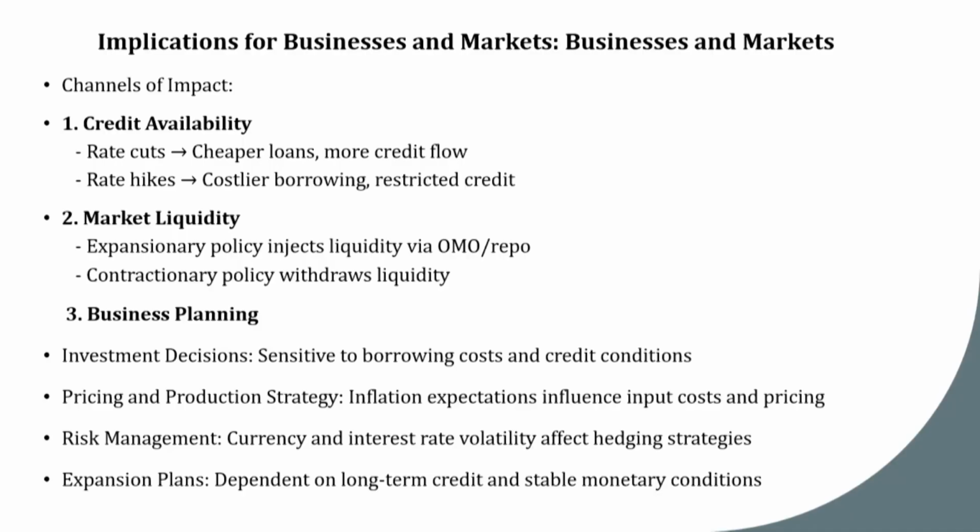So for example, a rate cut, what I mean by rate cut means an expansionary monetary policy. So if there is an interest rate cut, for instance, there will be cheaper loans available to the businesses. That means the capital, they get capital finance at a cheaper cost.